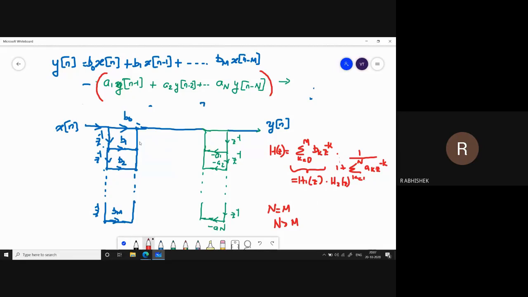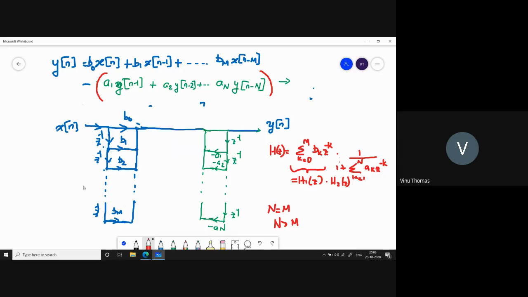See, you have to store x(n), x(n minus 1), x(n minus 2), etc., up to x(n minus m). Likewise, you have to store y(n minus 1), y(n minus 2), etc., up to y(n minus n). So here you require m locations, and here you require n locations.